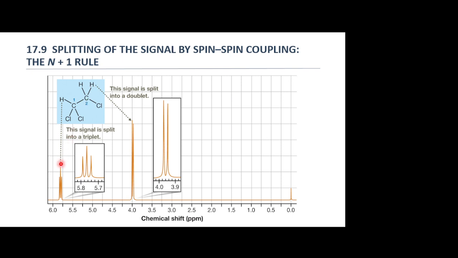Specifically, it would be 1 plus the number of spin states over here. So again, that's your signal splitting. It's going to be pretty much ubiquitous unless you only have a hydrogen with nothing next to it. Most molecules have hydrogens on carbons next to each other.